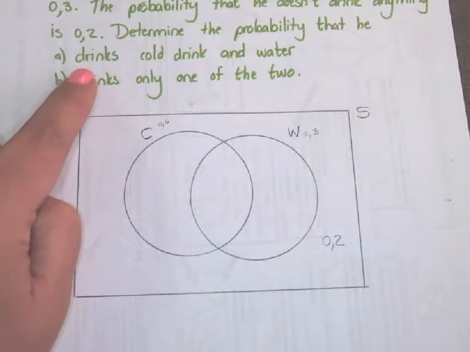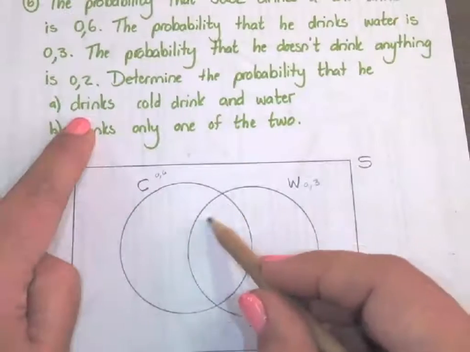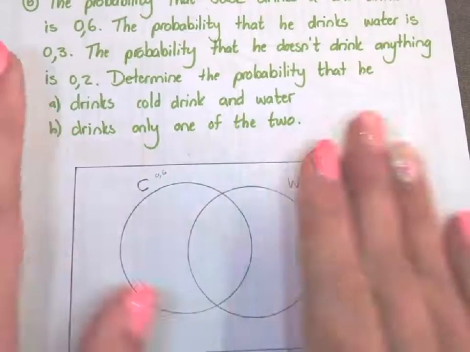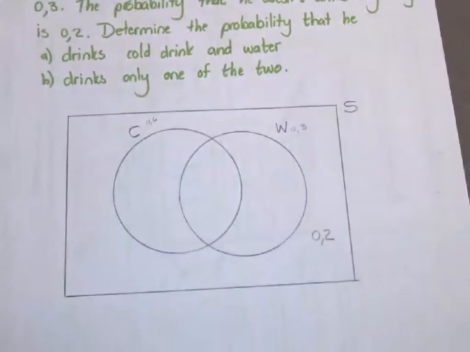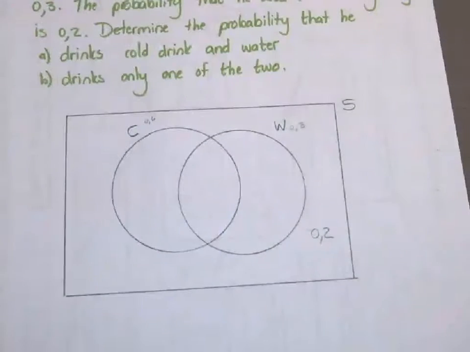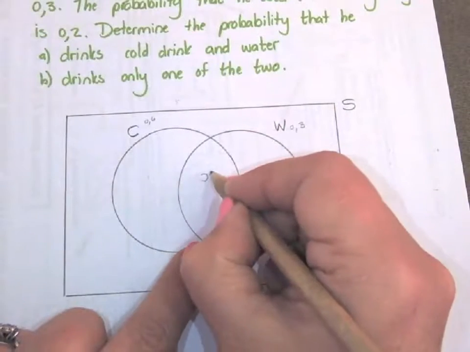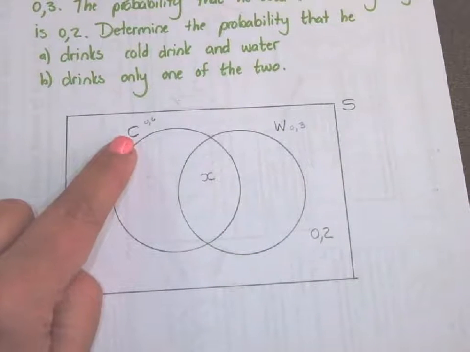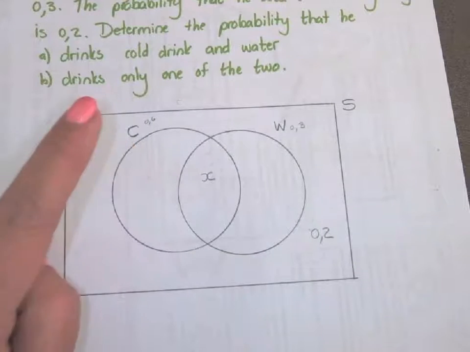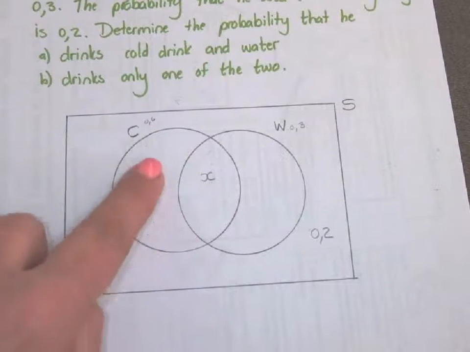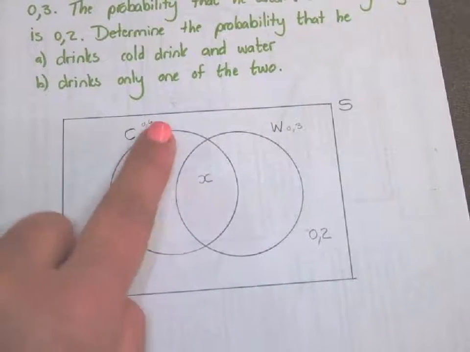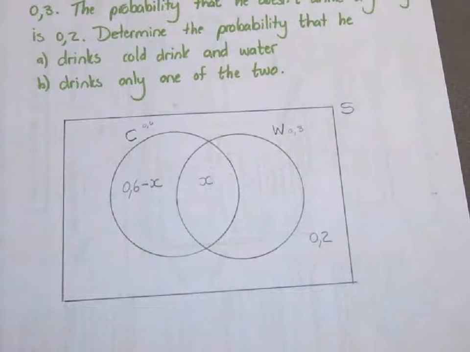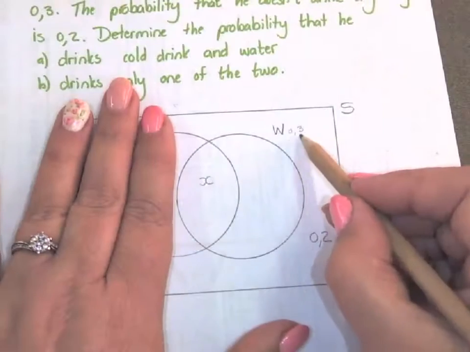Determine the probability that he drinks cold drink and water. So it's this part. And drinks only one of the two, so only that or only that. Now we need to get our numbers inside. Let's make this x. So the probability of drinking a cold drink is 0,6. Therefore, this part will be 0,6 minus x. The probability of drinking water is 0,3.